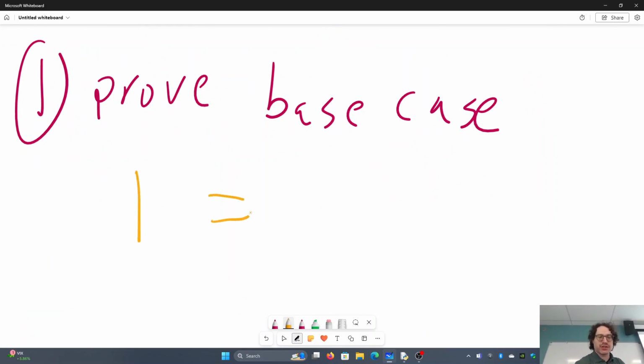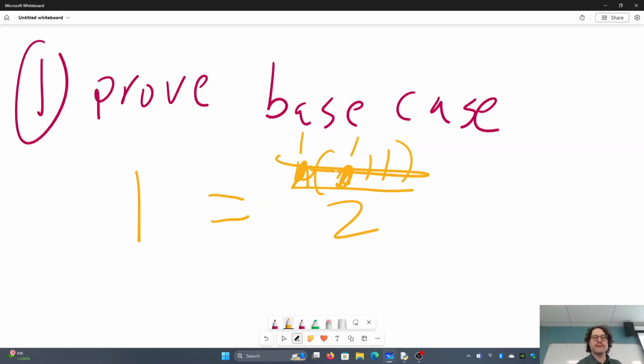1 is equal to n times n plus 1 over 2, right? And we're letting n be equal to 1. So 1 times 1 plus 1, so that top becomes 2. 2 over 2 is 1, right? So we proved it.